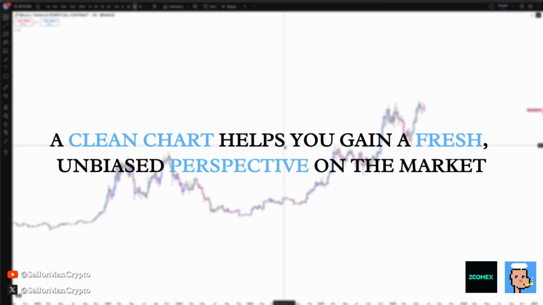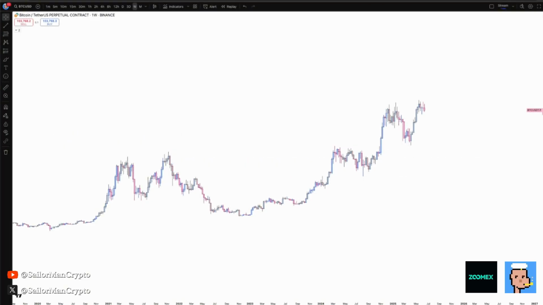Perhaps you will evaluate the chart in a different way. And keep in mind that the levels on each chart should be drawn with the same approach, so you will get consistency over time.